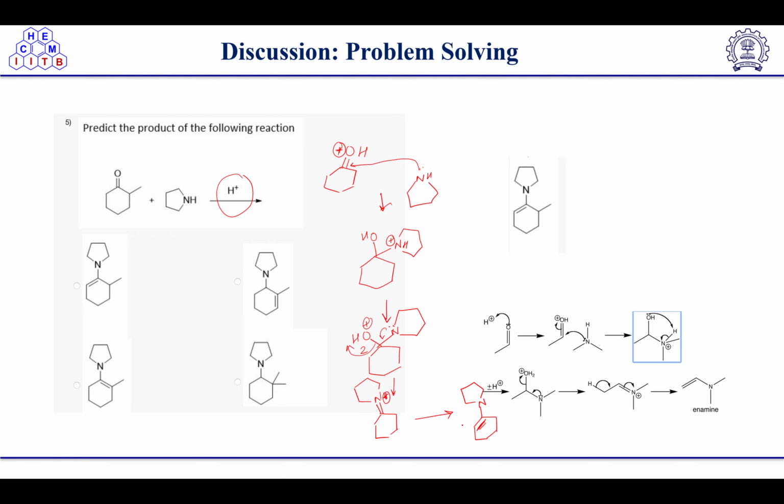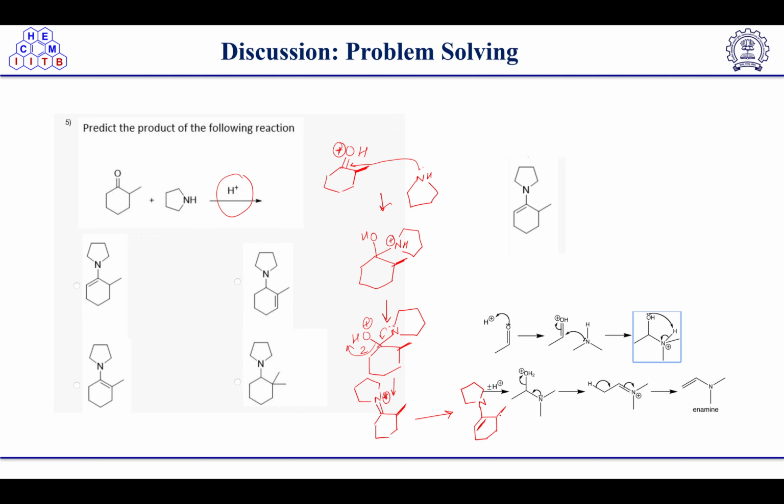So here you have to take care of one thing. I forgot to mention here, this methyl group. Okay, the methyl group we are having here. Whenever proton abstraction takes place, it will be from the less substituted side.